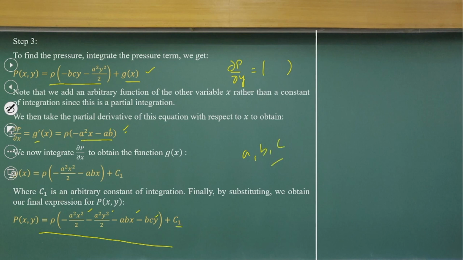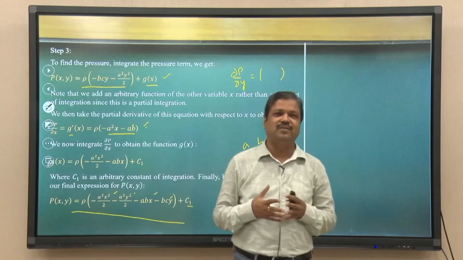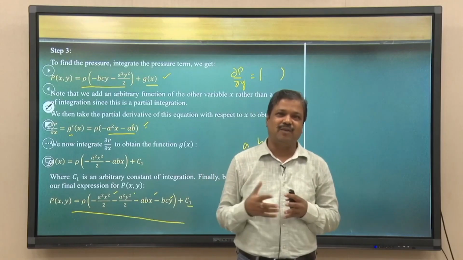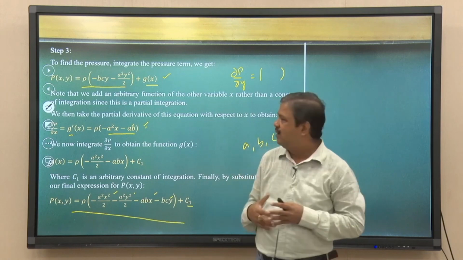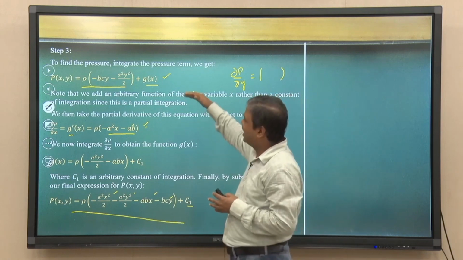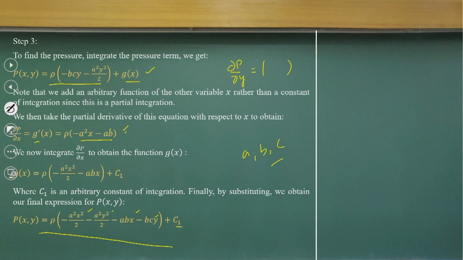So, if a velocity field is given and you want to estimate the pressure field, we have to analytically derive it using the continuity equation, again I am just revising this for you, and the Navier-Stokes equations.